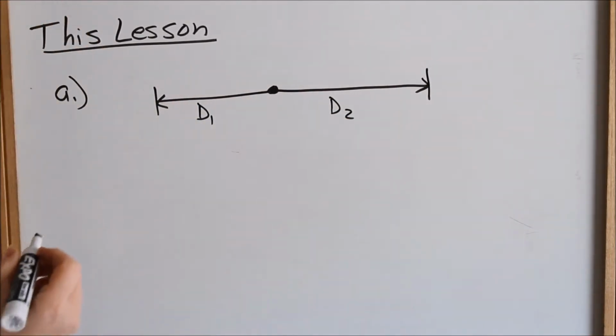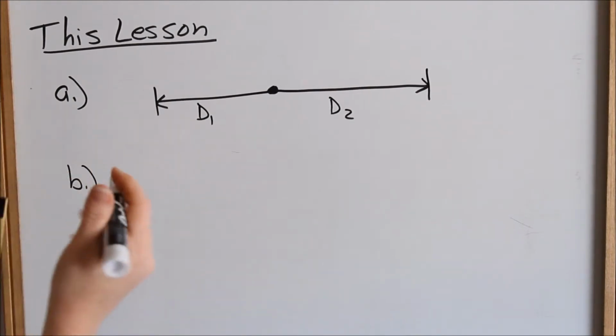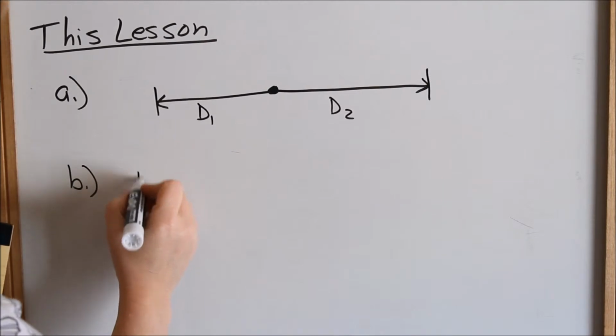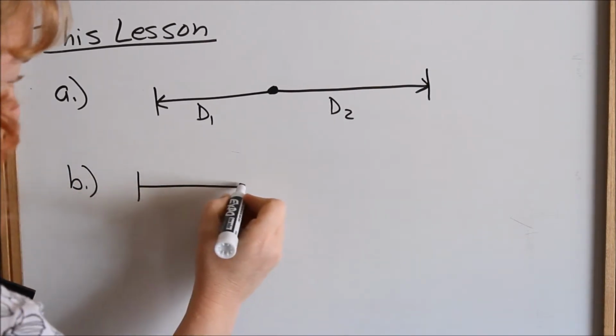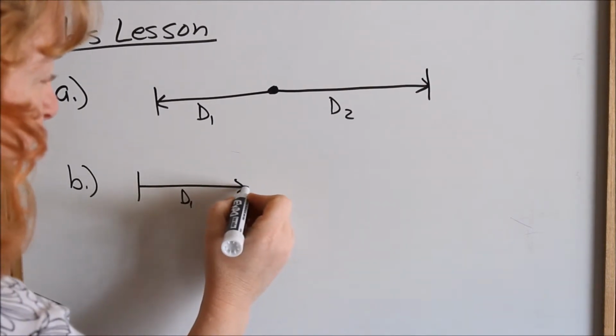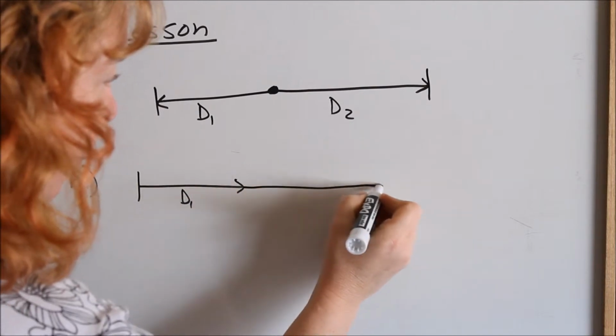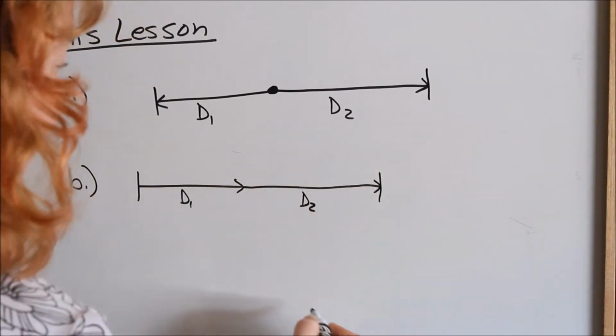Okay, in our second scenario, we're going to have two people or two objects. One will go a distance at one speed. Then they will go in the same direction, they will go another distance, maybe at a different speed, and then they have an ending point.